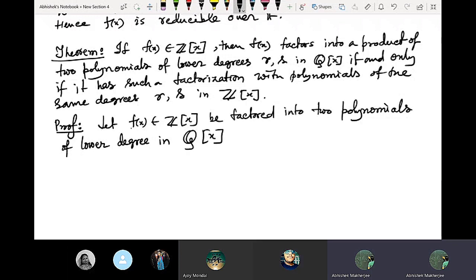That is, we factor this fx over the field of rationals.